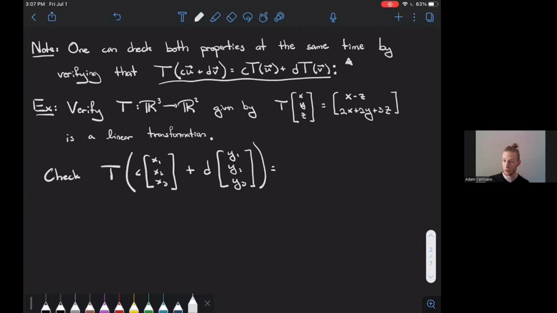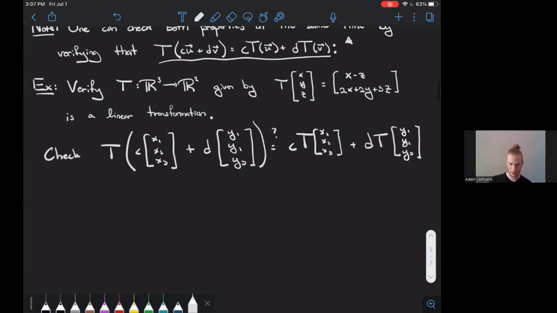Notice those are two arbitrary vectors in R3. We want to check that this is equal to C T of (x1, x2, x3), notice I dropped the parentheses, plus D T of (y1, y2, y3). This is what we want to verify. Is it true? Well, we have to go and do it.